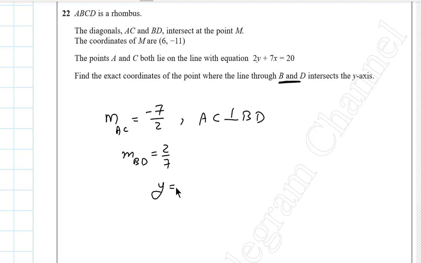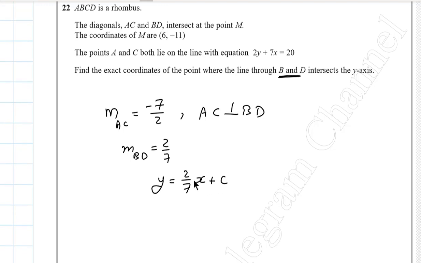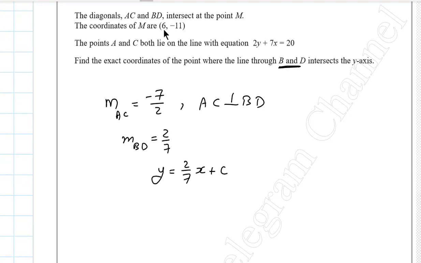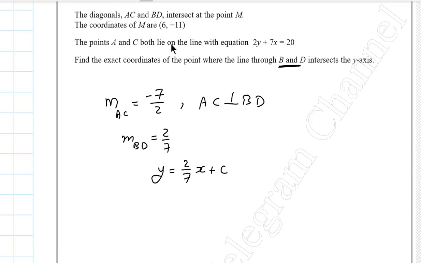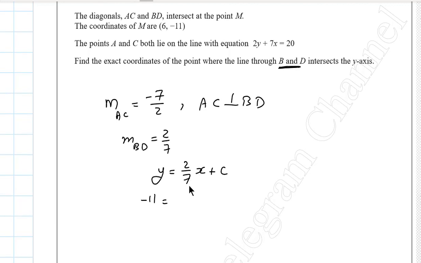And so the equation of line BD will be y equals mx plus c. How can we get the c? Don't forget that the diagonal passes through M. So we can put y equals minus 11, and we can put x equals 6.